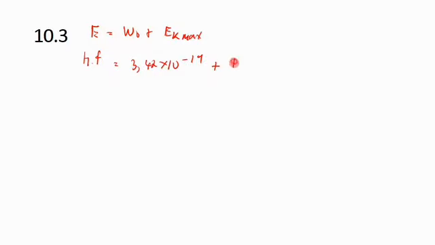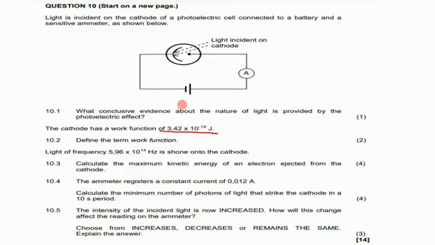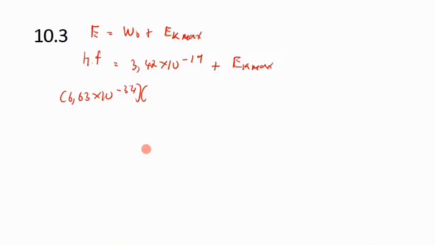This is what we are looking for. Then let's substitute here. Our Planck's constant is 6.63 times 10 to the exponent of negative 34. And the frequency that we were given, we were told that the light has a frequency of 5.92 times 10 to the exponent of 14 hertz. So we substitute it here.